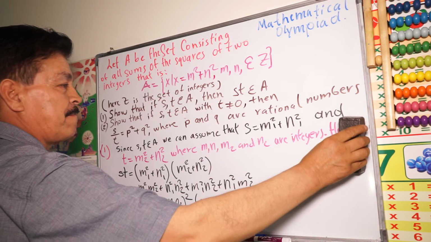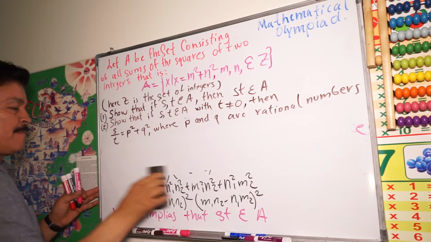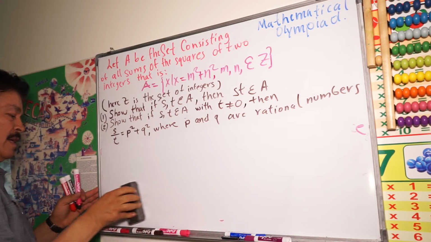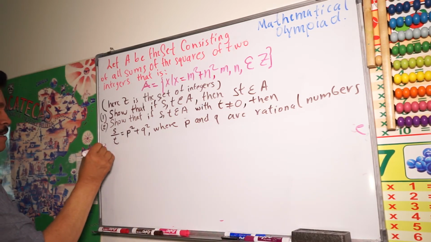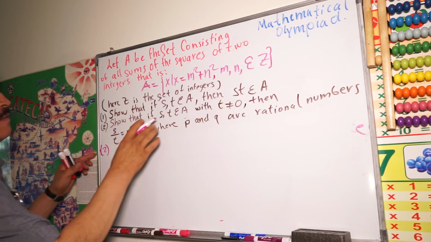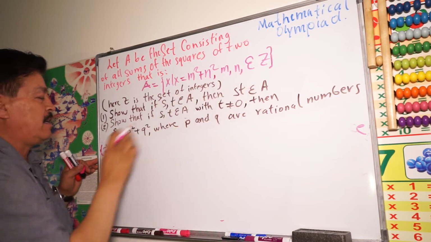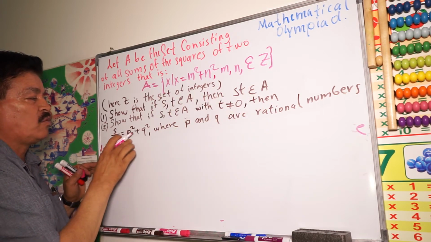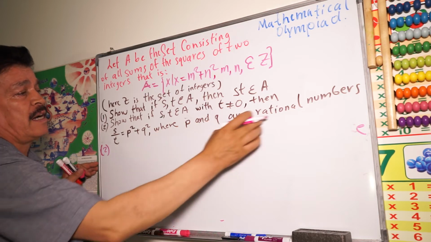Number 2: show that if s, t belong to A with t different from 0, then s over t equals p squared plus q squared, where p and q are rational numbers.